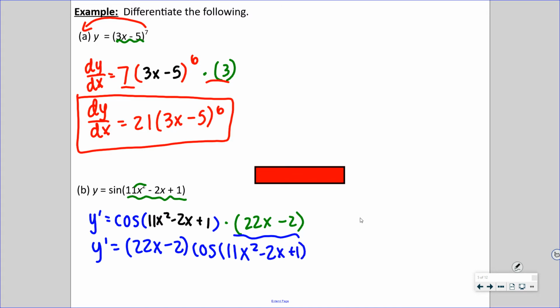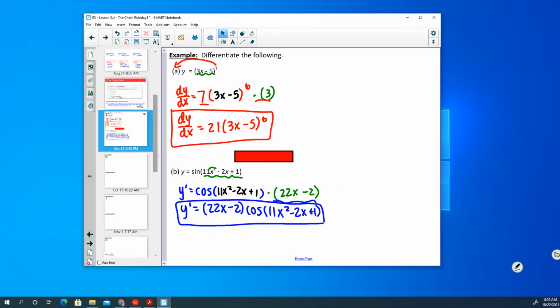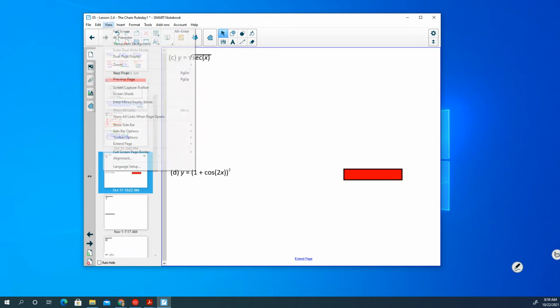Definitely don't need to do any distributing or anything. Leave it in that factored form. Okay, make sense? It's the chain rule. We're just going to do a bunch of examples today.